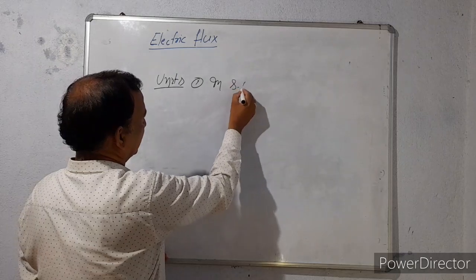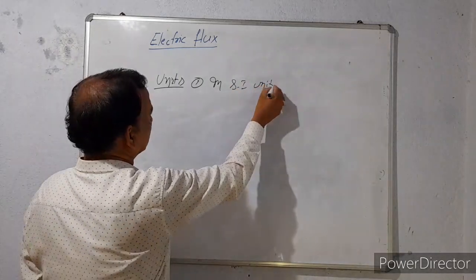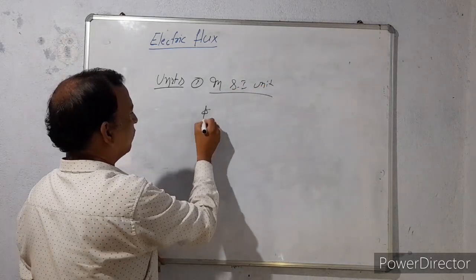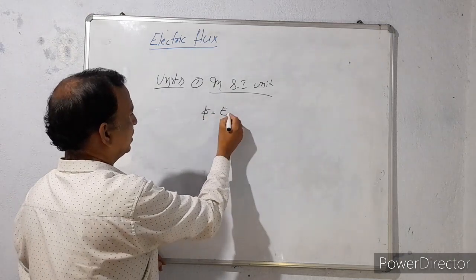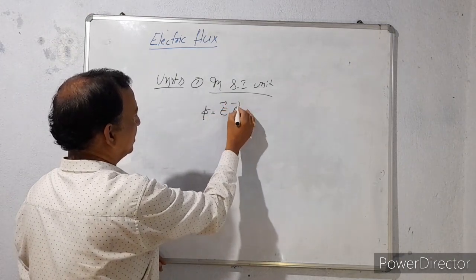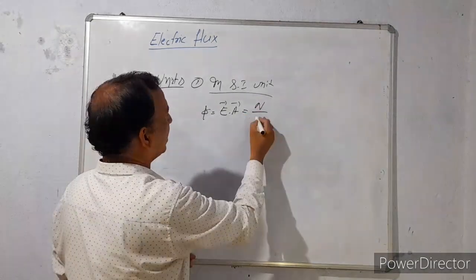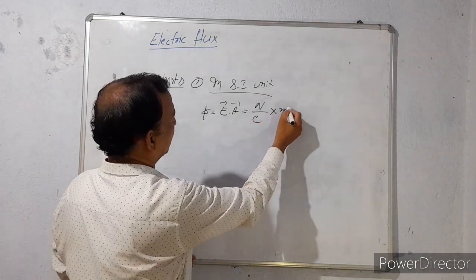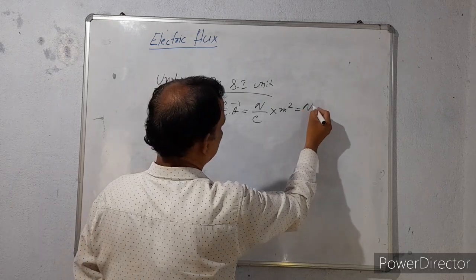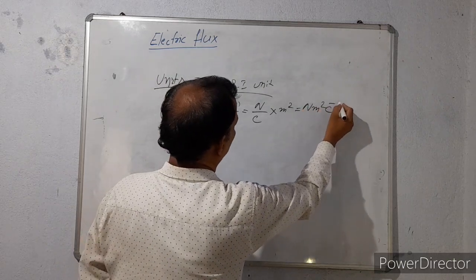Now units. In SI unit, phi is equal to E dot A. E is F by Q, Newton by Coulomb, area is meter square, so that is Newton meter square Coulomb inverse.